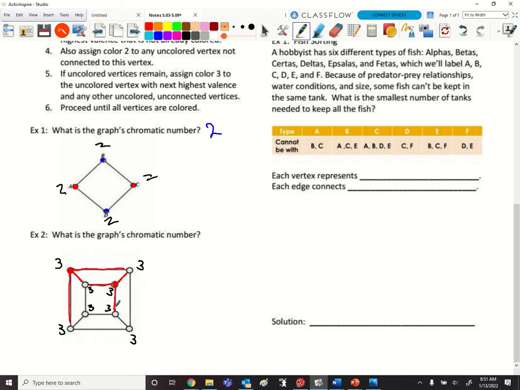Yes? Okay, so is there another one I could use? Could I use this one over here? Yeah. Okay, I could use this one right here. So if I do this one right here, it's not connected to the other ones, right? So it's not connected to the other one, so that means that, again, cannot be red, cannot be red, cannot be red.